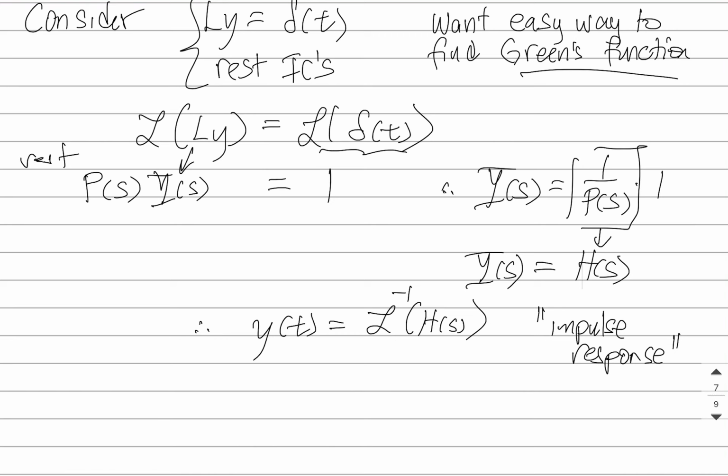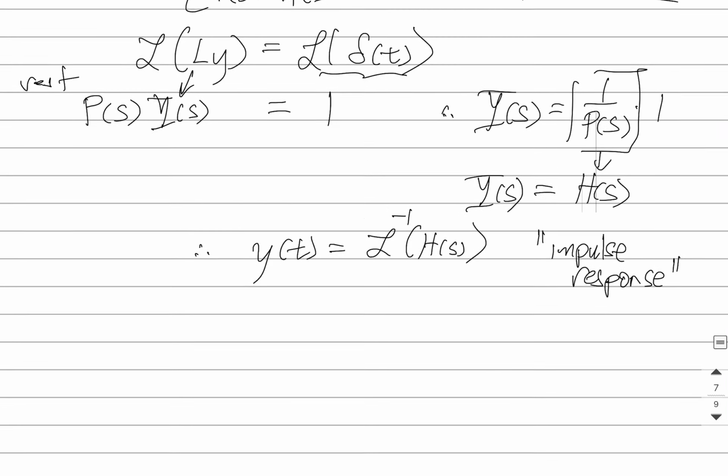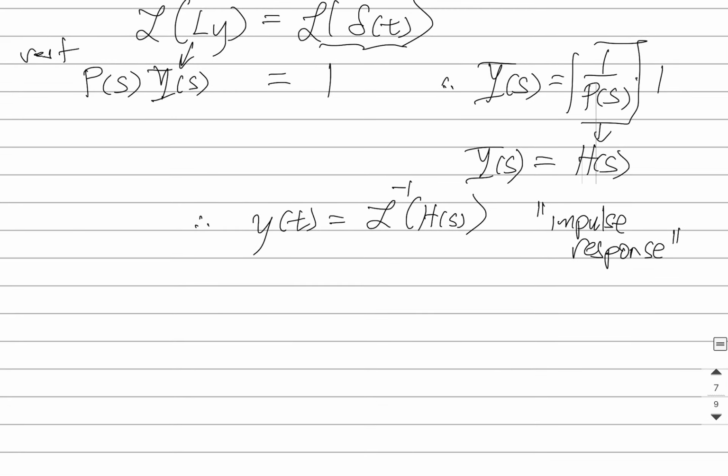Engineers in particular like to put an impulse, a spike, into an unknown system and see how it responds. And the reason they do that is because the response is going to be how the transfer function behaves. Once you know the transfer function, you don't really care what the differential equation is because you know how it responds. You have that transfer. You've encoded this information about the left-hand side. So finding impulse response is important.